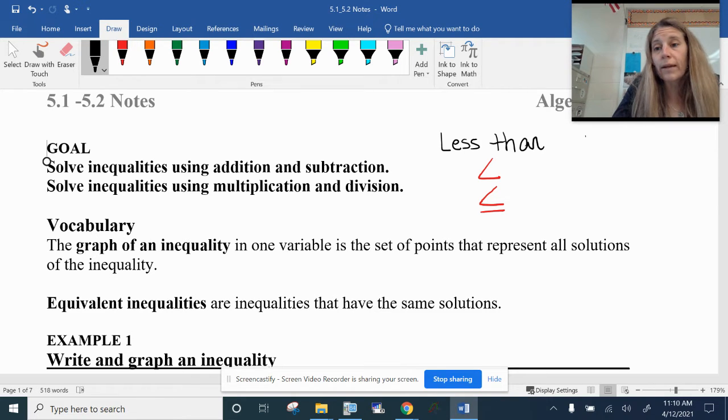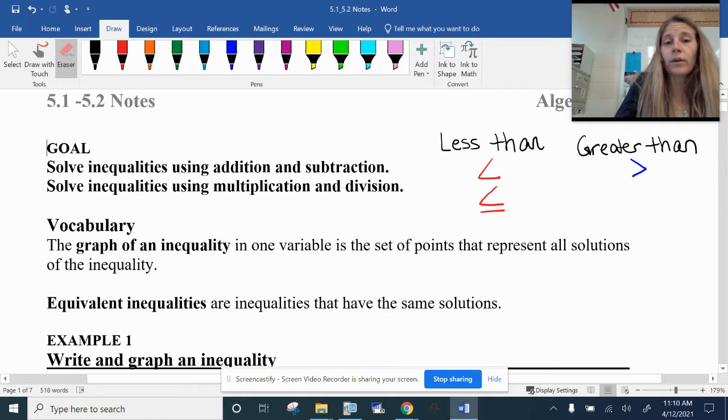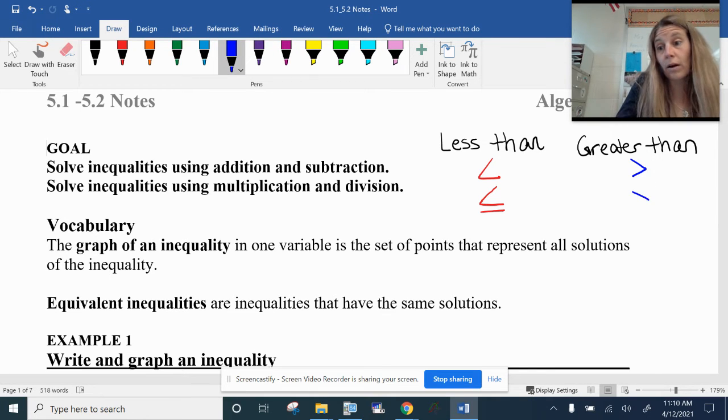Then we have the greater than sign, and that is read from left to right in this direction. And we also will have the greater than or equal to, where you have the line underneath.